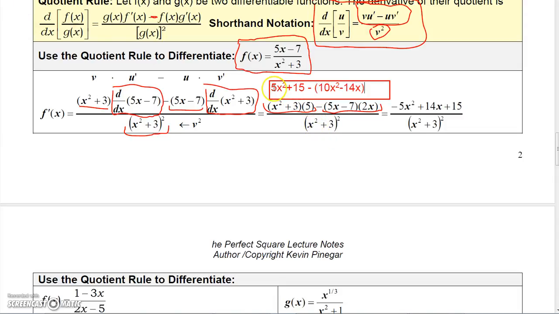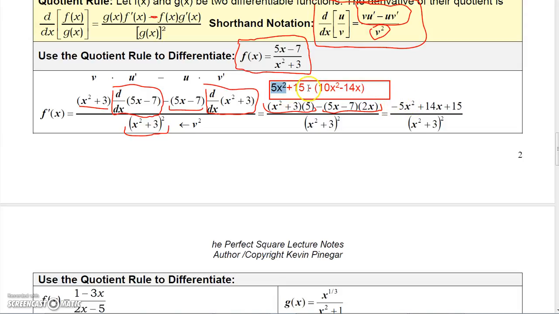If you'll notice up here, I went ahead and multiplied 5 times this binomial and 2x times this binomial. So I get 5x squared plus 15 minus the quantity 10x squared minus 14x. Well, if you distribute the minus through, that's going to be minus 10x squared. So you're going to have 5x squared minus 10x squared, and that's going to give me this minus 5x squared here.